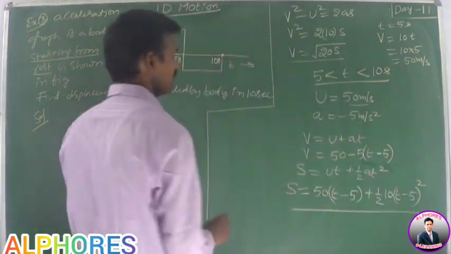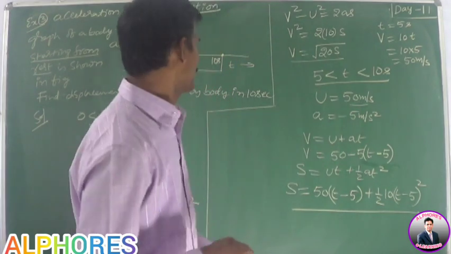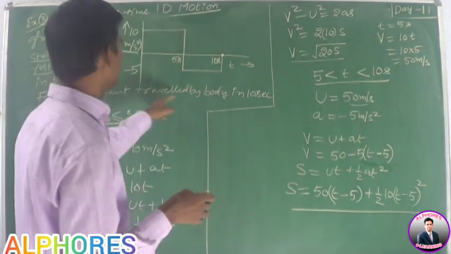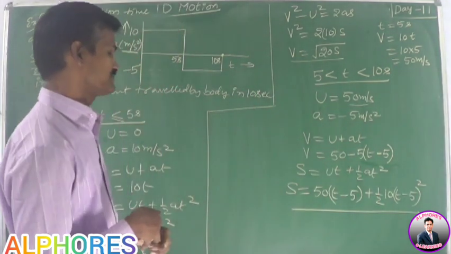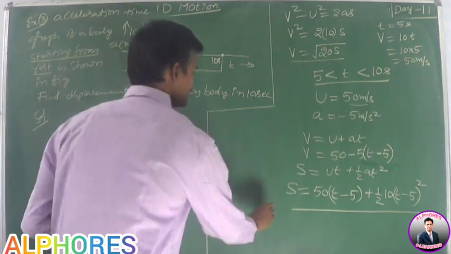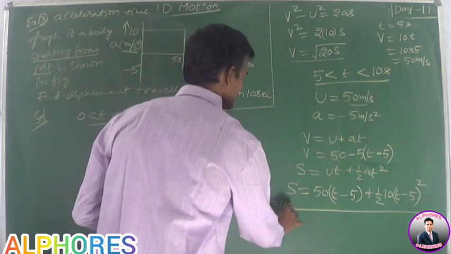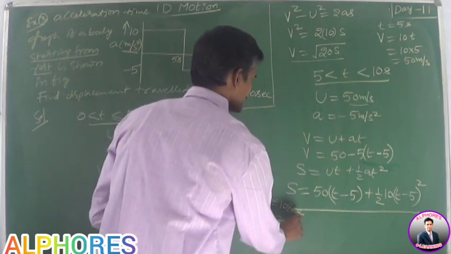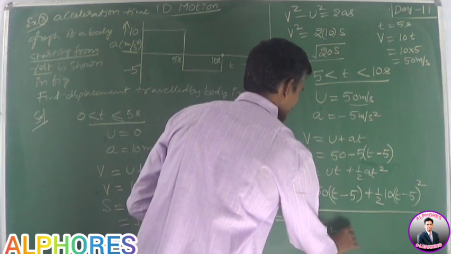This equation is valid for 5 to 10 seconds. Now our question is the displacement traveled by the body in 0 to 10 seconds. First, check the velocity at 10 seconds. The velocity of the body at t equal to 10 seconds is 50 minus 5 into 10 minus 5.